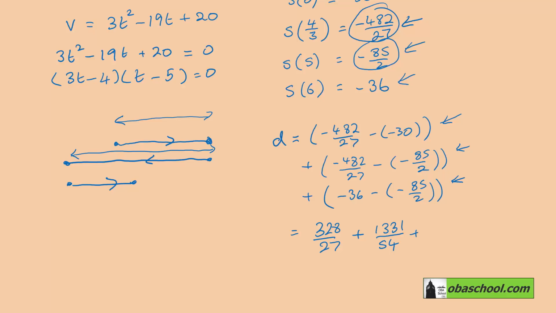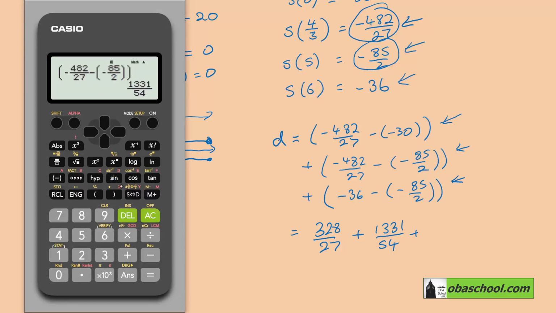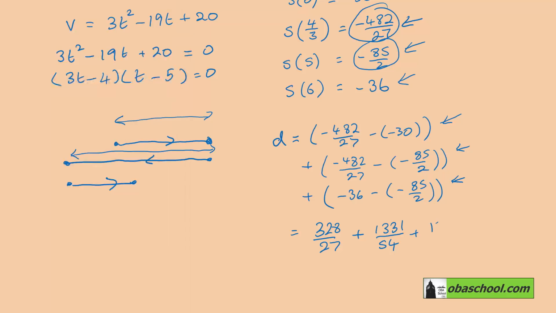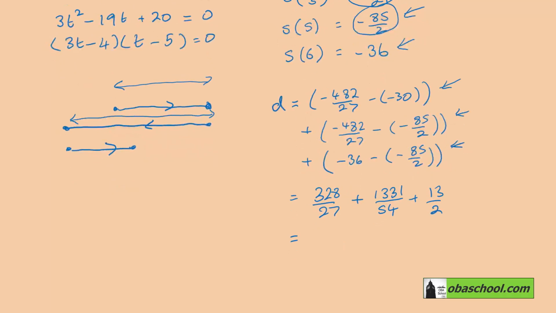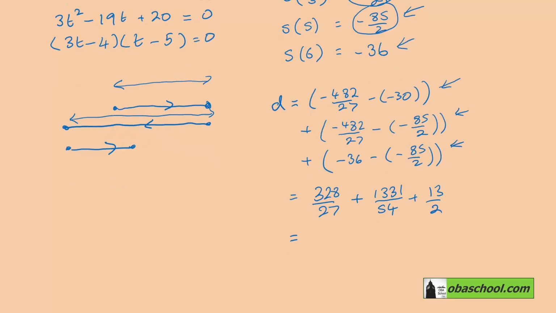And then finally, we have negative 36. Add 85 on 2, which is 13 on 2. And that will give us the distance covered.